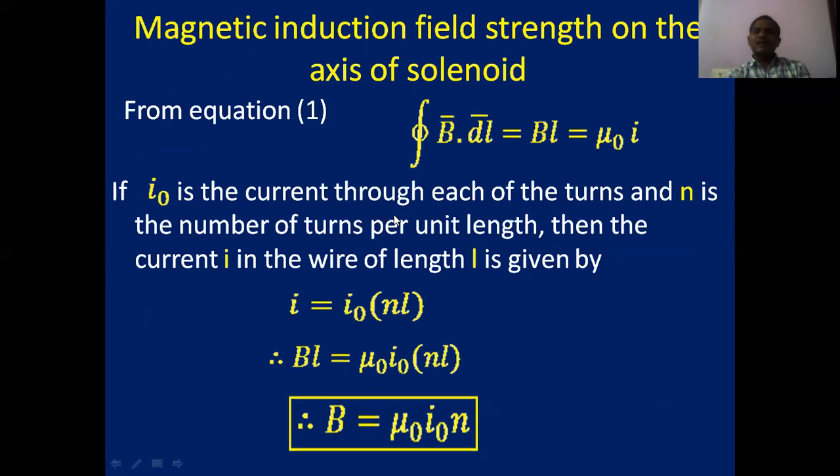But here I naught is the current through each of the turns, and n is the number of turns per unit length. Then the current in the wire of length L is given by I equals I naught times, for length L, the total number of turns n L. Substituting this value in the above expression, BL equals mu naught times I naught n L. Both sides L cancel, then B equals mu naught I naught n.